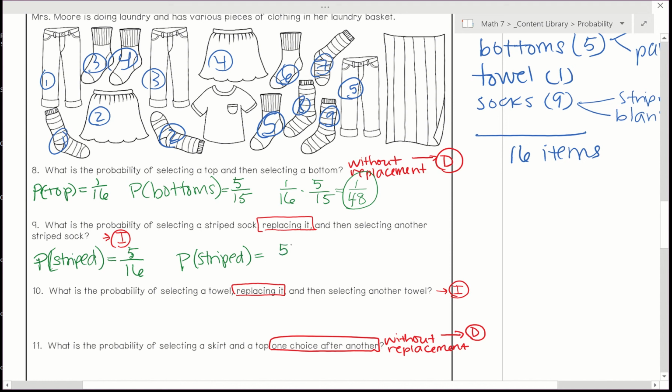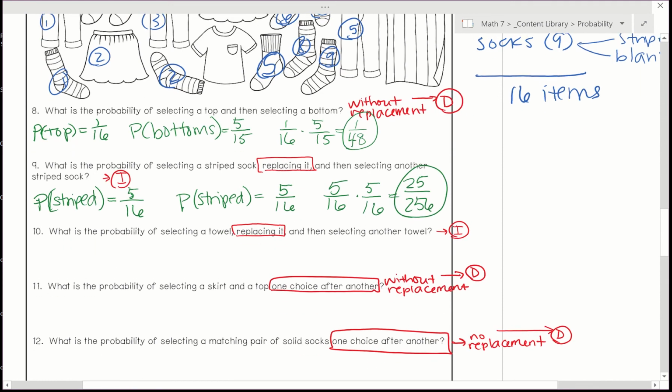We're replacing it, so it's still 5 out of 16. So now we're going to multiply 5 out of 16 times 5 out of 16. Okay. Plug that into your calculator, and you should get 25 out of 256, which cannot be reduced more.